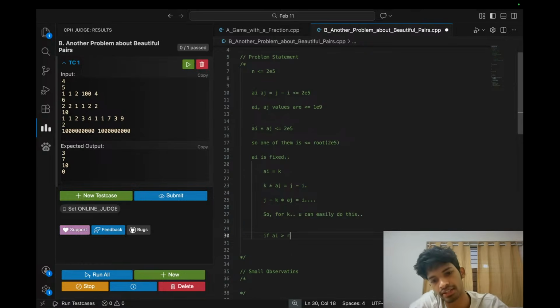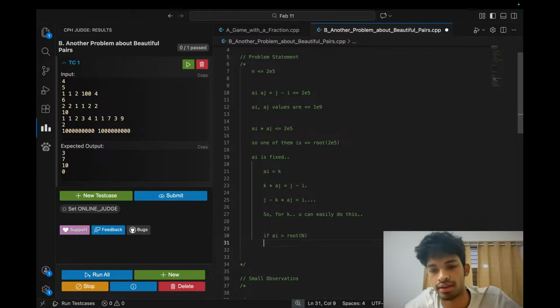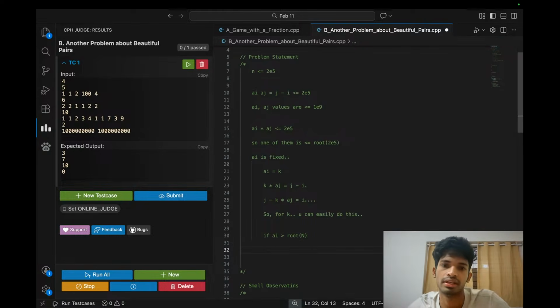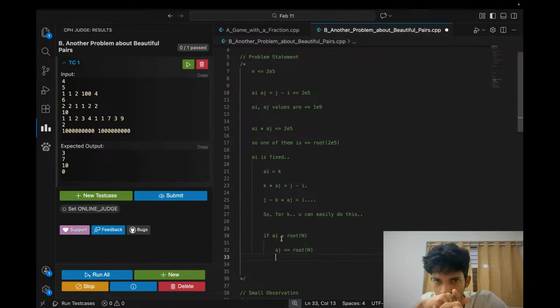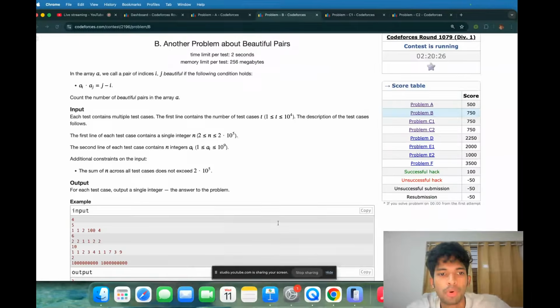If ai is greater than root n, now we have to worry. Then aj will be less than root n. When both are less, that's a different case, but now we have to handle the cases where ai is greater and aj is smaller.